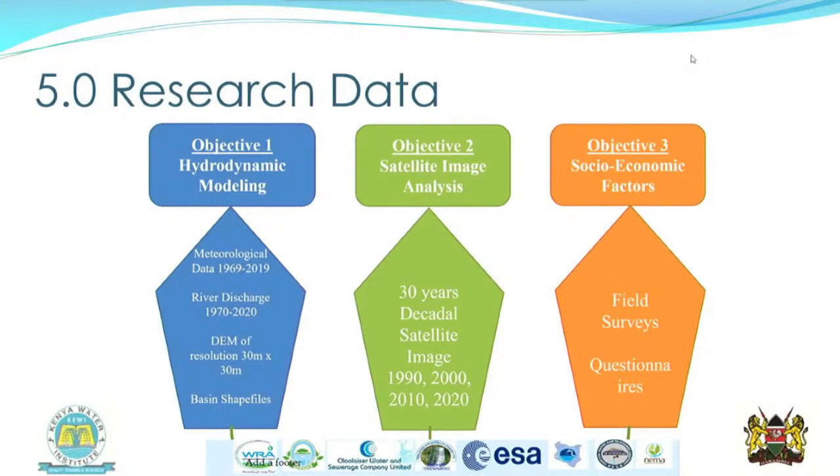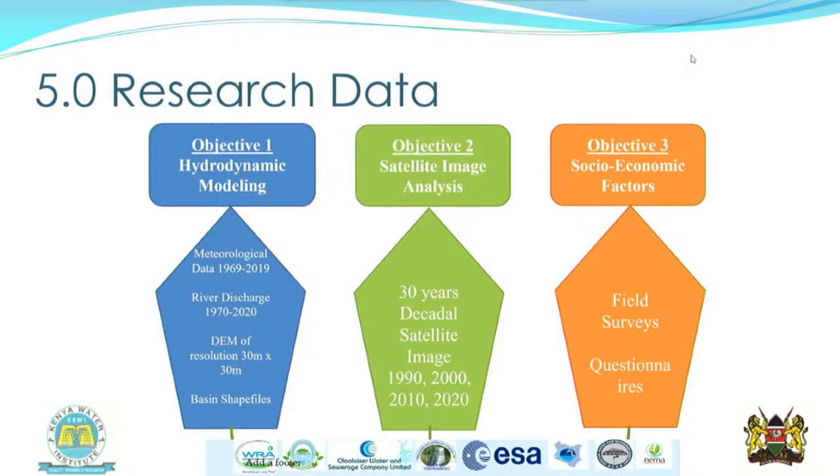And then we'll also have river discharge, which we will take at some 4 gauging stations, with more focus on the final gauging station in a place called Muru Bay at the confluence where the river gets into Lake Victoria. And we'll also use DEM and the basin shape files for the same.